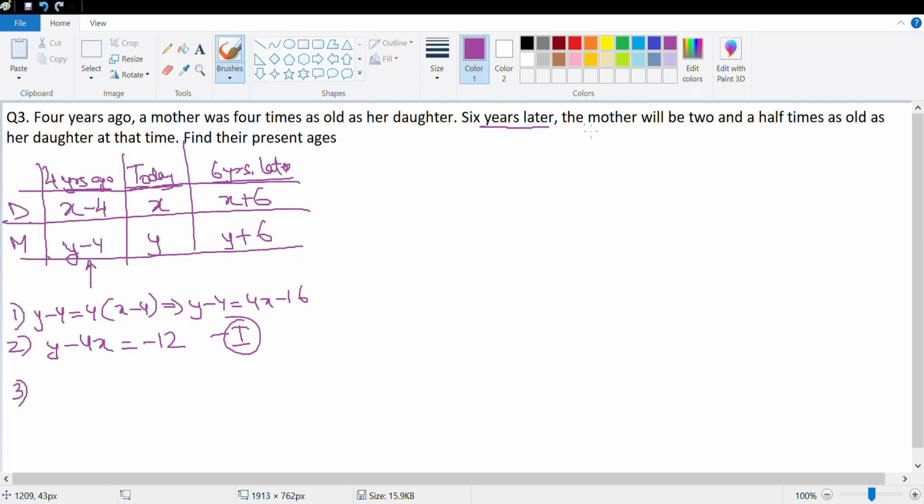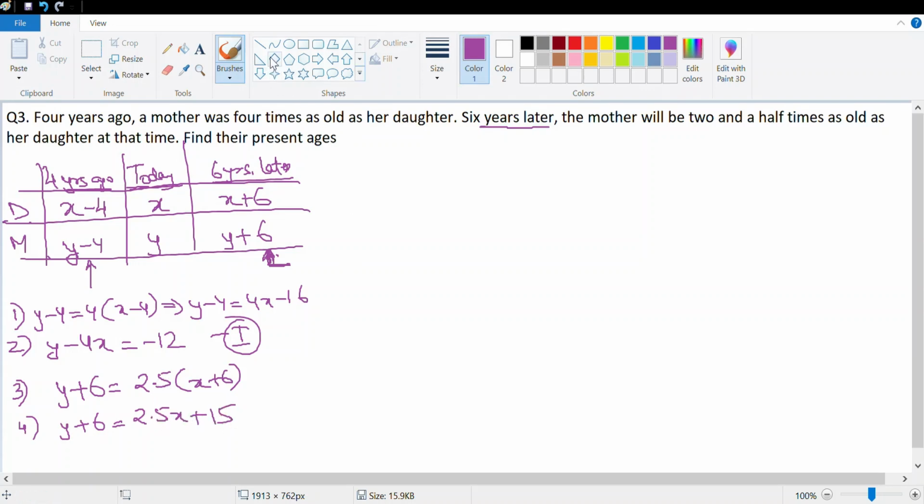Now let's read the second relation. 6 years later, the mother will be 2.5 times as old as the daughter at that time. So we are now looking at this time frame. In this case, mother would be, which means y plus 6 would be equal to 2.5 times as old as her daughter, x plus 6. Let's open the bracket. So we have y plus 6 is equal to 2.5x plus 6 into 2, 12 plus 3, that's 15.